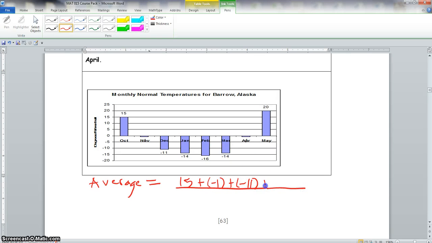Then we have January, which is negative 14. We have February, which is negative 16. And we have March, which is negative 14. And we have April, which we can't see, but it's still negative 1. And it's all divided by 1, 2, 3, 4, 5, 6, 7 numbers.